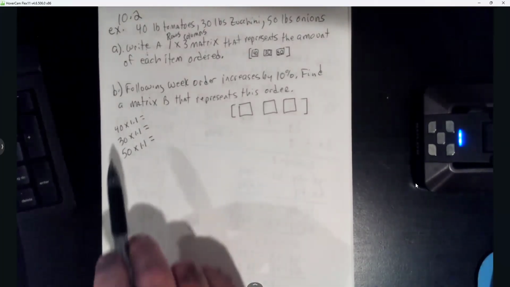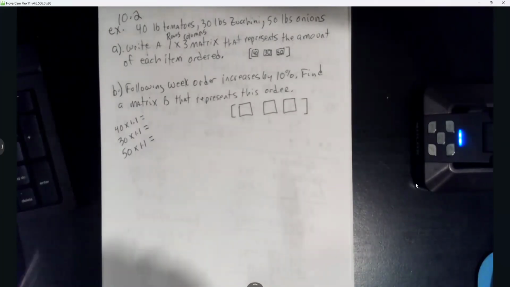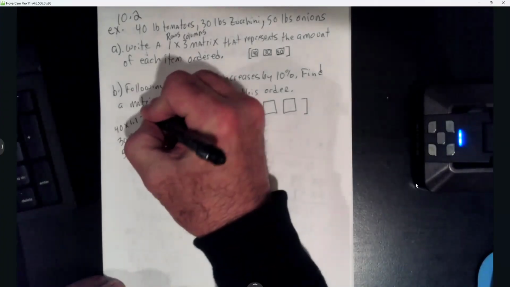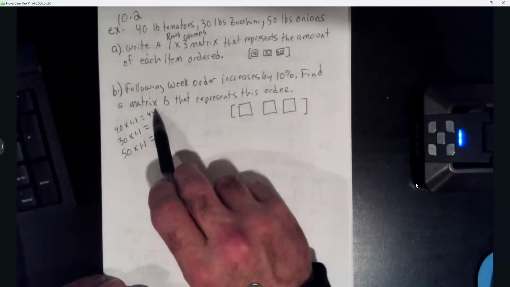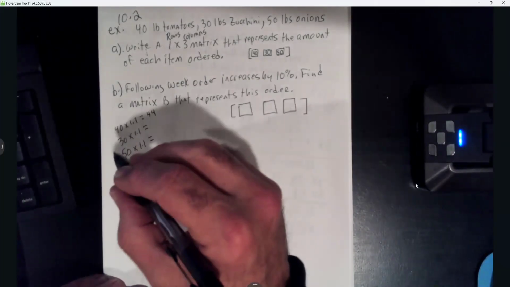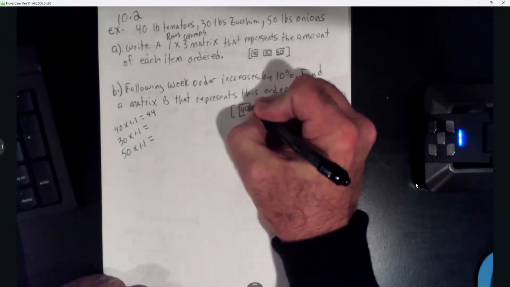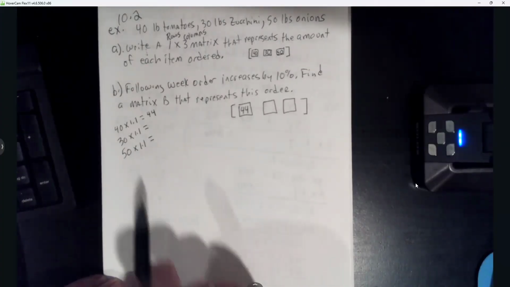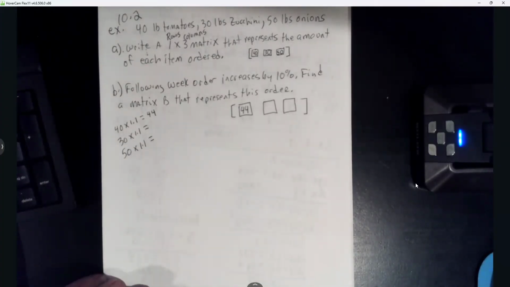So y'all, what is 40 times 1.1? So that'd be 44. So that makes sense. 10% of 40 is 4, and 40 plus 4 gives me 44. So my first entry would be 44. All right, y'all need 30 times 1.1.